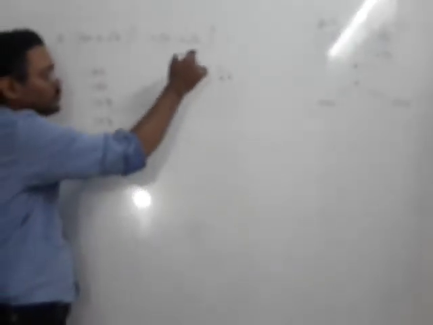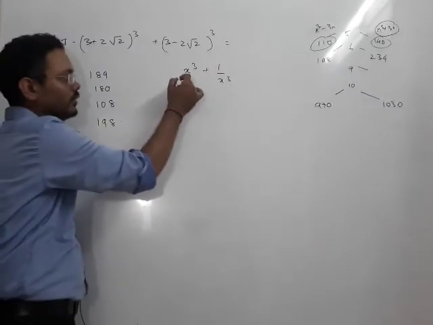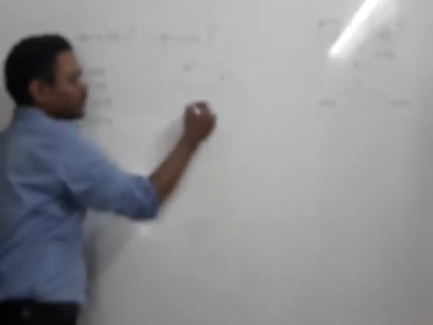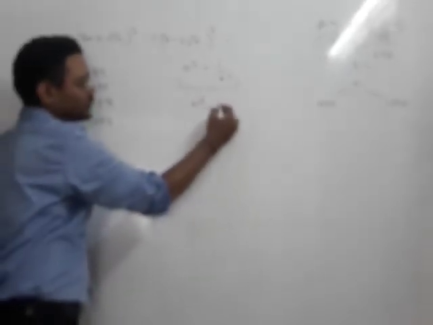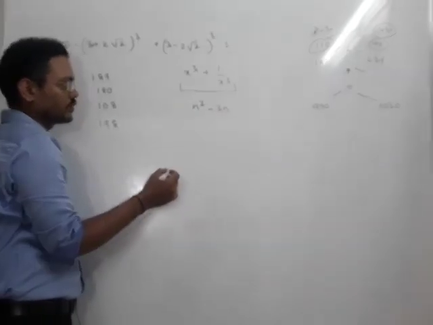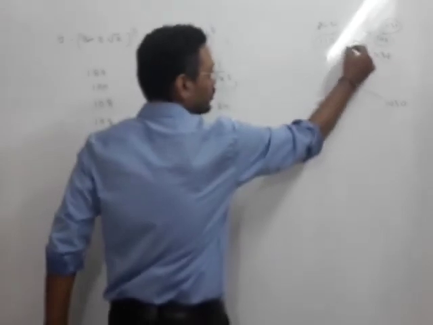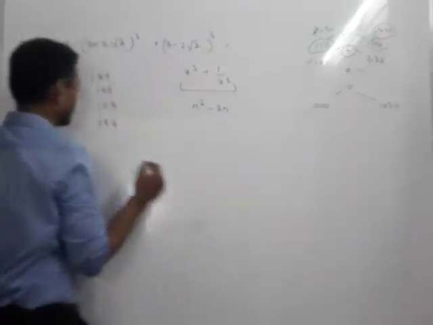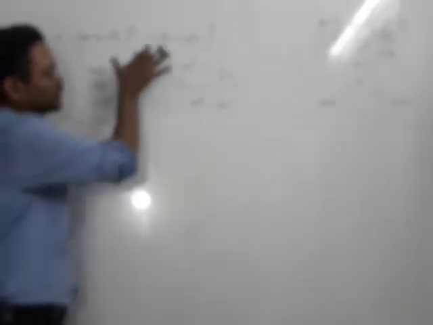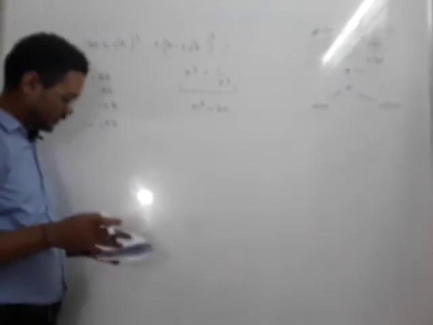I don't need to identify anything. I know that this is of the form n cube minus 3n, and it comes with the value of 6, which is 198. I'll not be solving the generic ways now. This is a CGL Mains 2017 question.